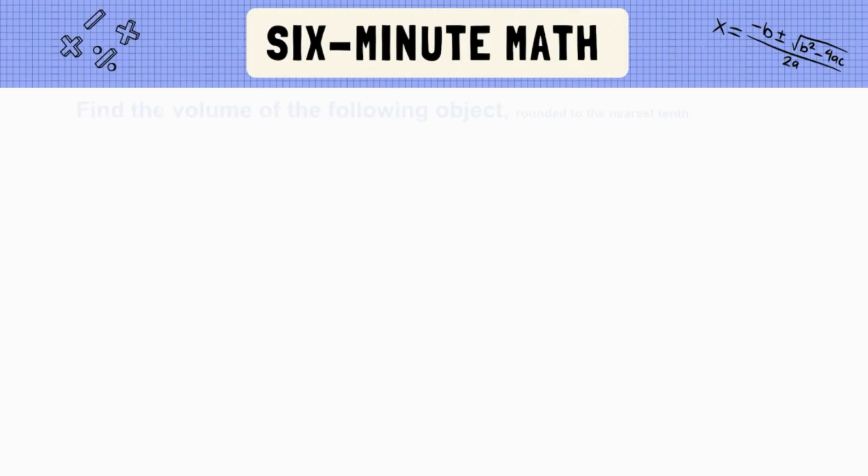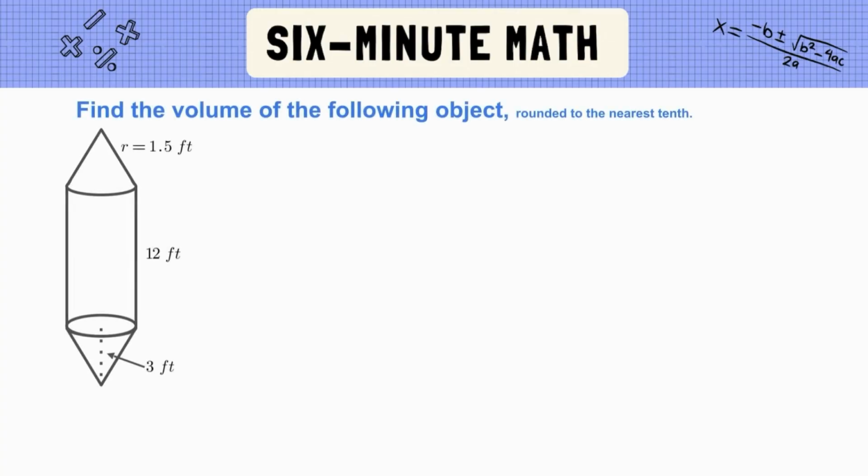Let's try another one. We're going to find the volume of the following. In this composite figure, I actually have a cylinder and a cone as my objects. So let's do that cylinder here in yellow, and we'll do my cone in red.